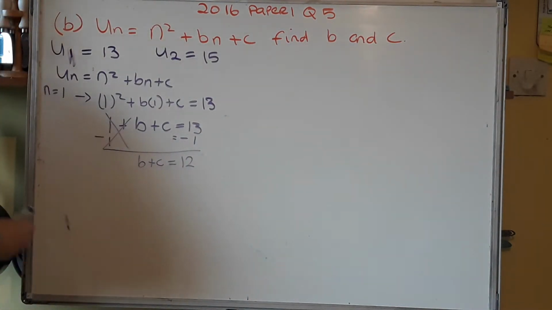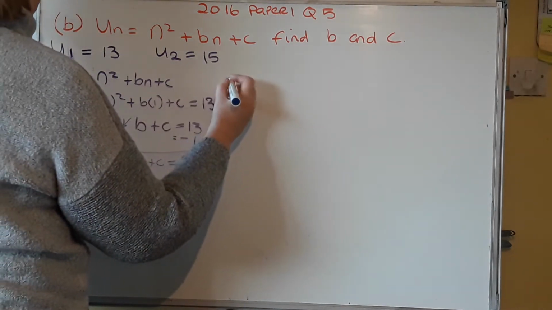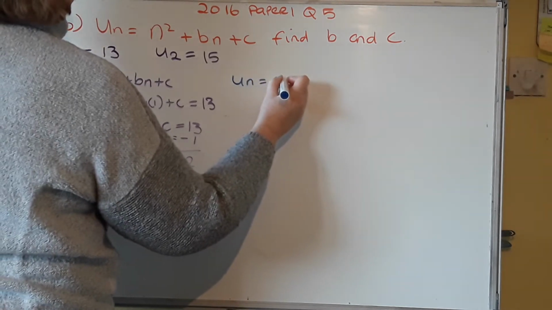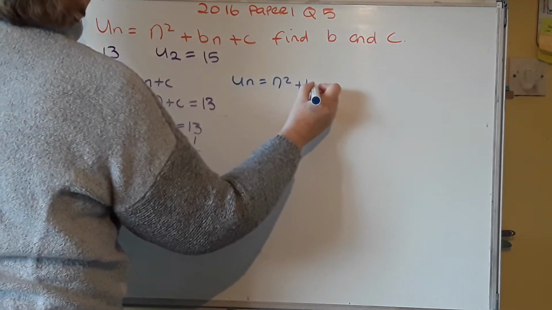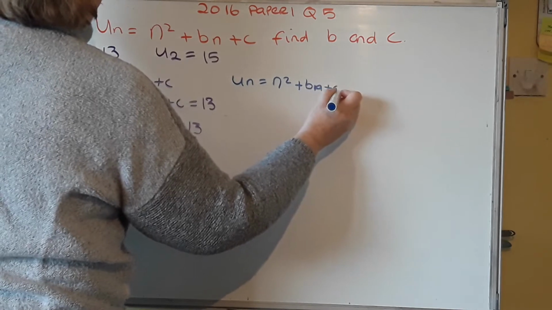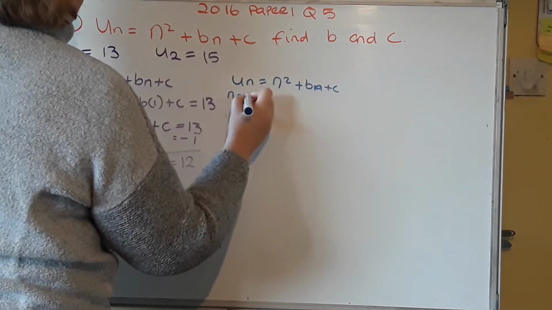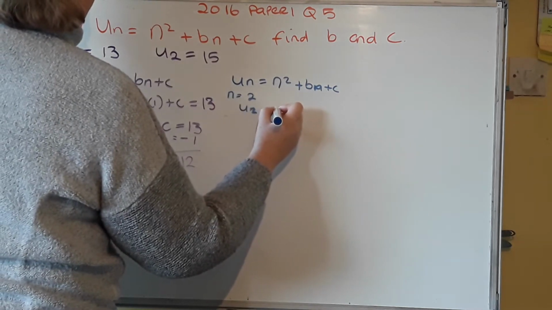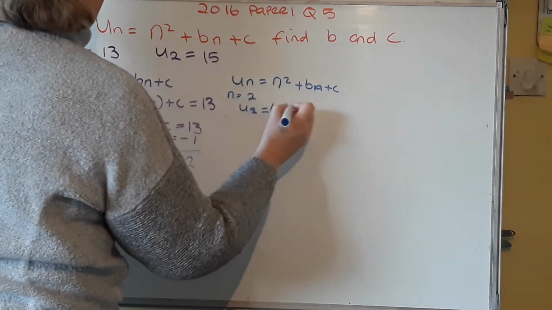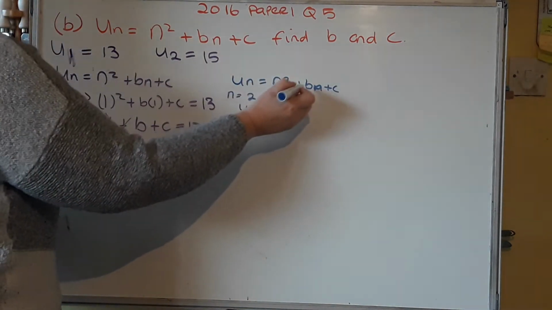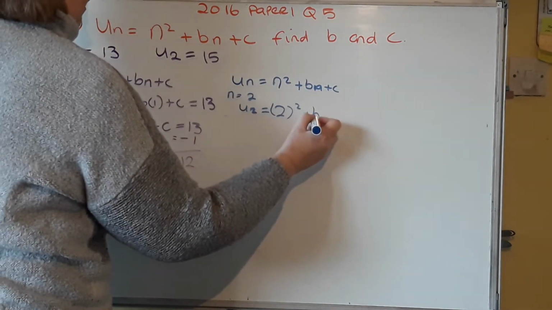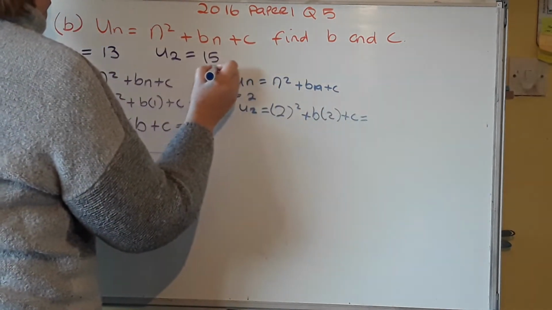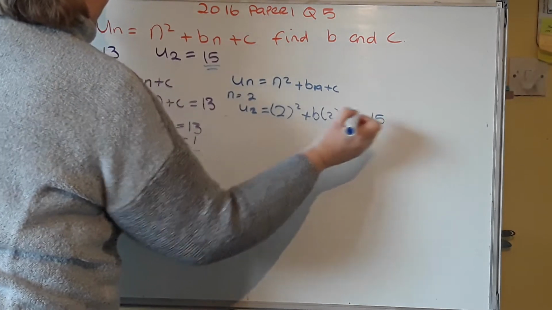Now let's get our second equation. So again, we have un equals n squared plus bn plus c, but this time we're going to have n equal to 2. So u2 is equal to 2 squared, putting in 2 everywhere there's an n, plus b times 2 plus c, and this time it's equal to 15.